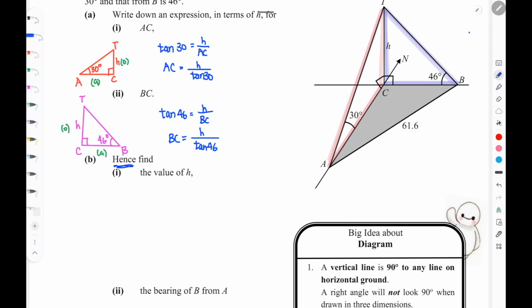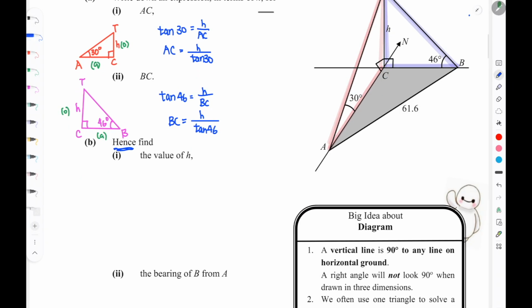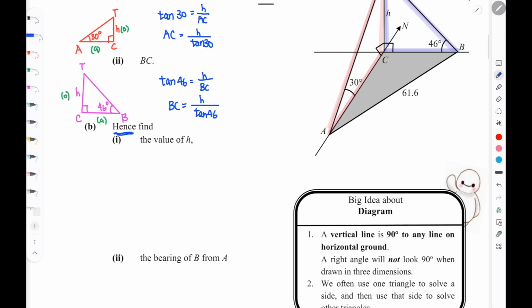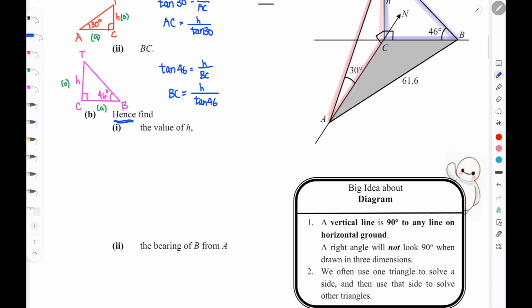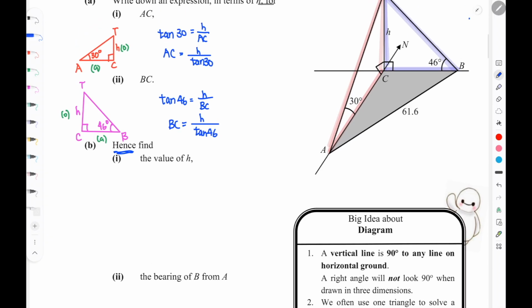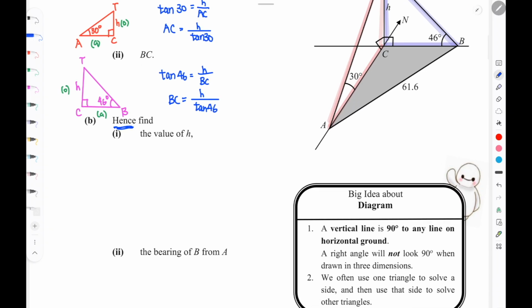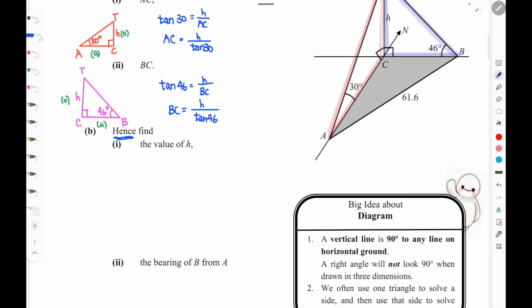Moving on to part B, there is a "hence". So I have to use my previous part to help me. They want to find the value of H. So I have to find something where I can link both AC and BC so that I can use my H. Actually, I will use this triangle at the bottom, the one in green.